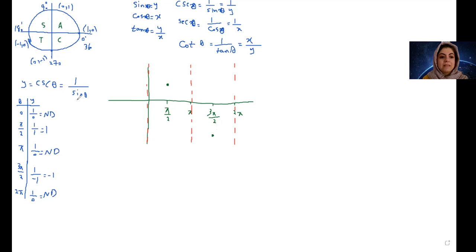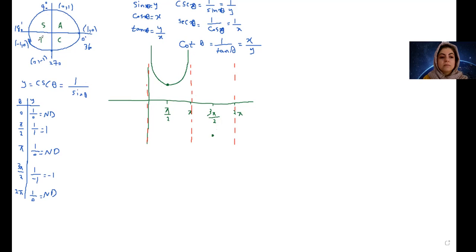In first quadrant, the sign is positive. So I have to go toward the asymptote, make sure I'm going up. I'm not going down, because if I go down, some part of that will be negative. In second quadrant, again, sign is what? Positive. So I have to go up toward asymptote.